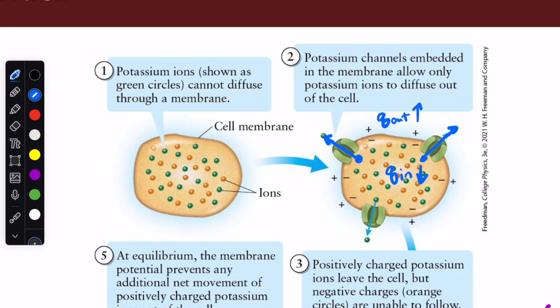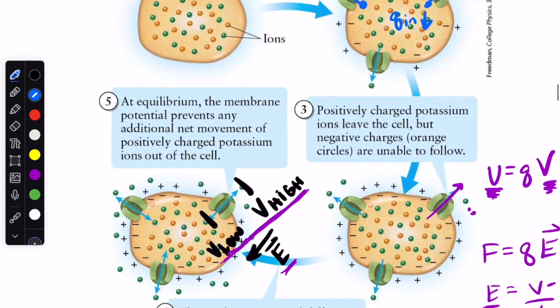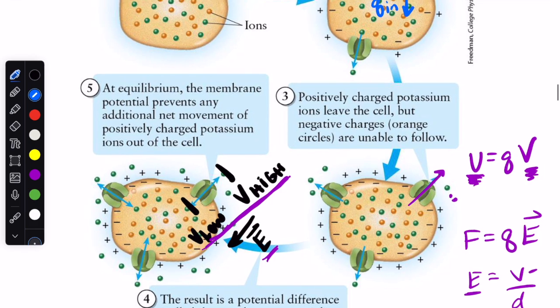So we basically have a separation of charge over a distance, and that gives us a change in potential. Potentials give energy to charges, so this potential is giving those charges enough energy to escape the cell.